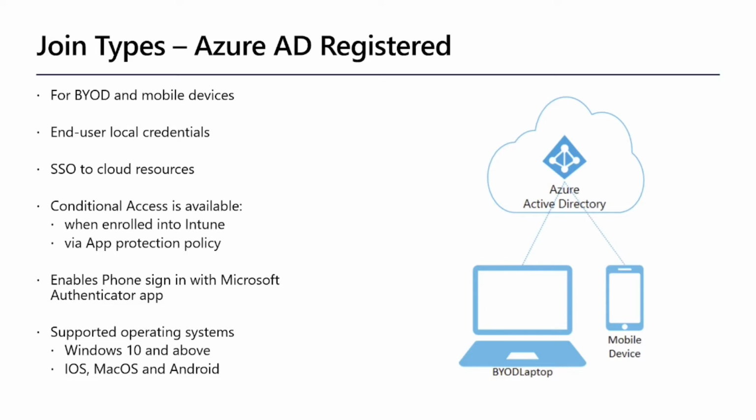And in this join type, admins can control the access to cloud services using conditional access policies if those devices are enrolled and compliant to Intune and using app protection policy. End users will be able to use phone sign-in using Microsoft Authenticator application on mobile devices. The supported operating systems for Azure AD Registered are Windows 10 and above, iOS, macOS, and Android.